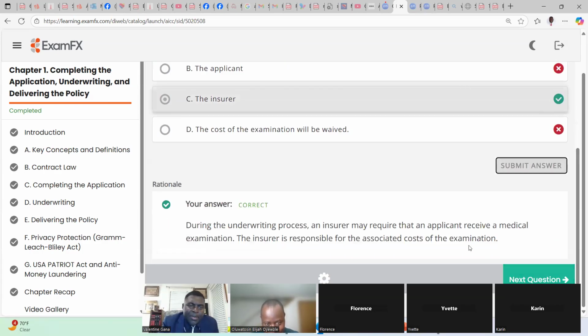But I'm going to give you guys a little caveat, a little exception here. If the insurer pays for the examination, usually they'll direct the applicant to somebody of theirs who does that test. Maybe it's a nurse that comes to your home, does the test, and submits the results.